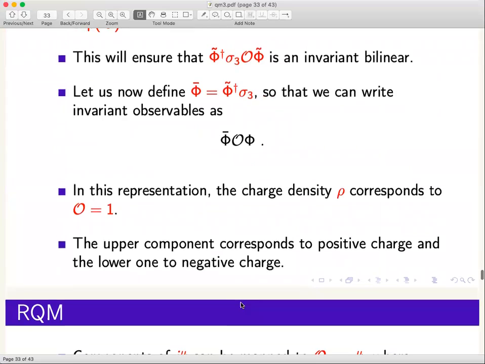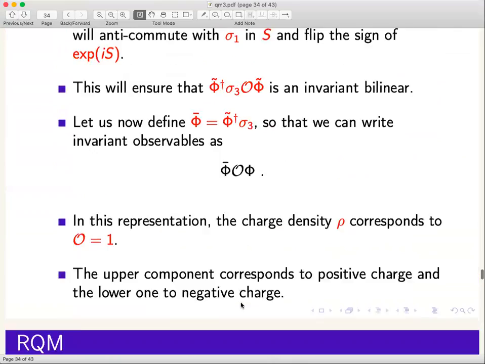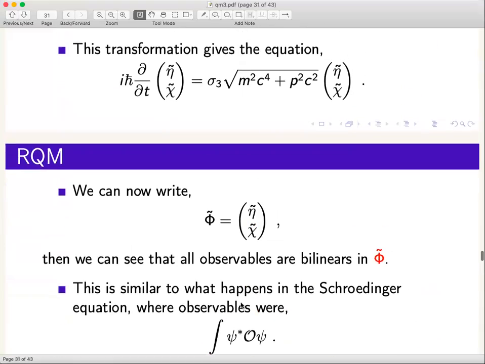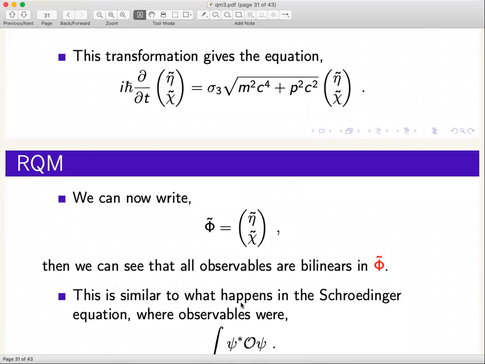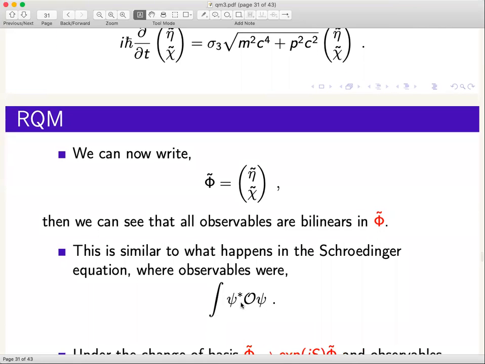So this eta dagger eta and chi dagger chi are positive and negative charge densities, right? Eta tilde and chi tilde, is that what you meant? Because that wouldn't matter, because when we are writing this bilinear, the exponential is not playing any role.